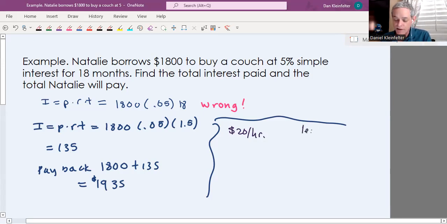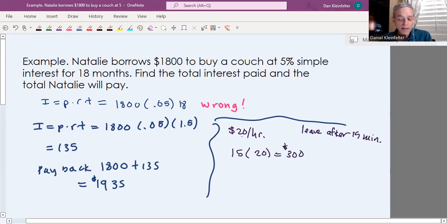So let's say that you leave after 15 minutes. Okay. So to calculate your pay for this, how would you do it? Of course, you can't just say, okay, well, it's 15 minutes and $20 an hour, because then you're going to make $300, right? I wish. Right? That would be great. But it doesn't work that way, right?